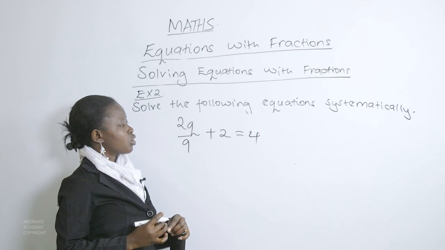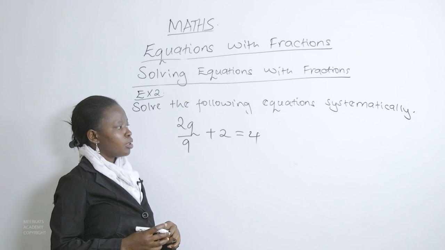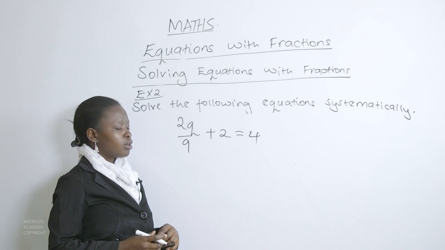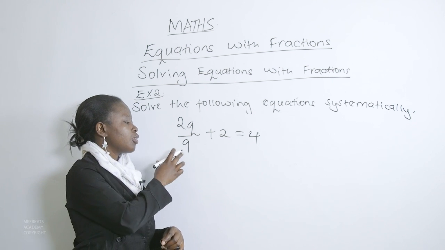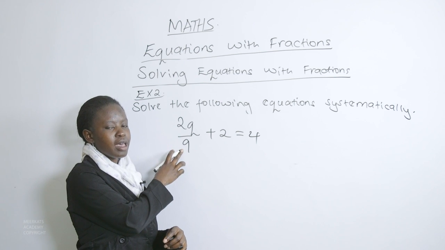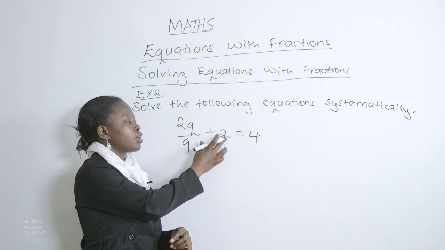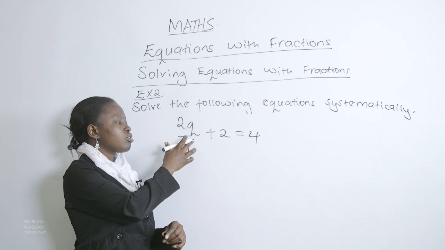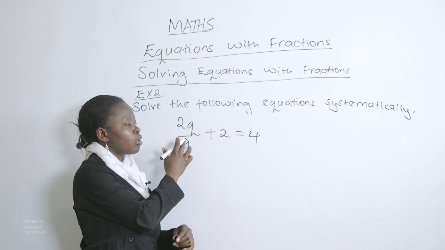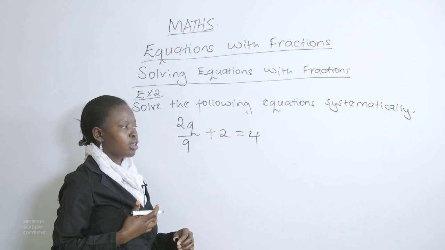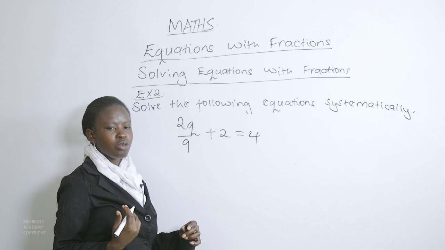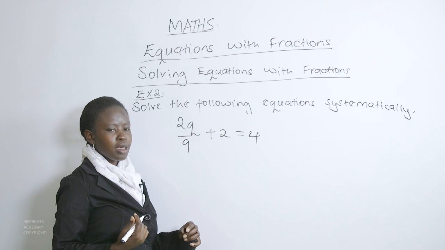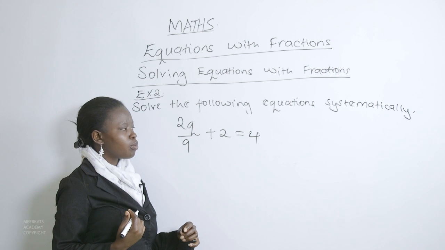We are having 2q over 9 plus 2 is equal to 4. First, we notice that in this case, our denominator is not covering everything on the left-hand side. If our denominator is not covering the whole expression on the left-hand side, then this is the step we take to find the solution to our pronumeral.